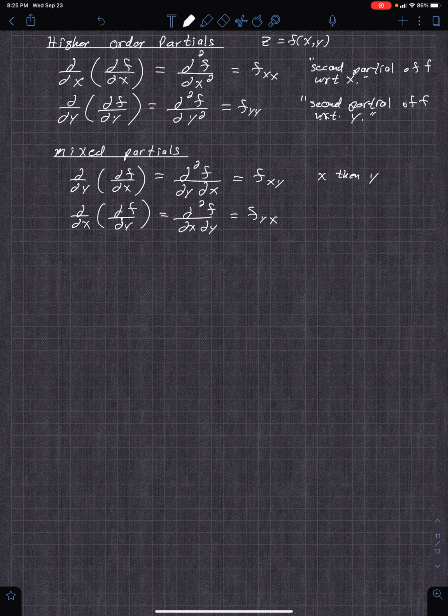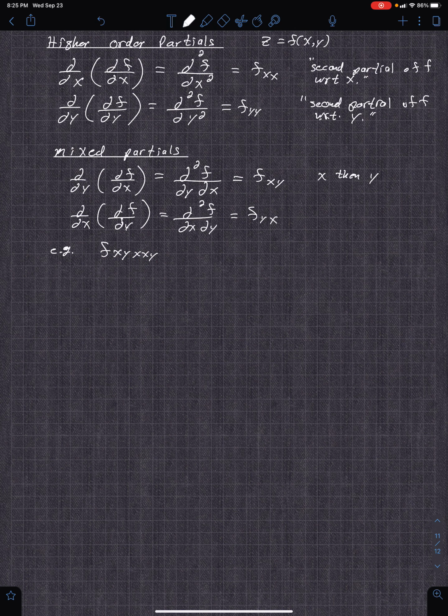For example, you could say partial x, y, x, x, y, and just keep going like that. If it's a polynomial, obviously you're going to get to 0, but if you have cosines and sines or e, then it just keeps on going. So this one would be first x, then y, then x again and again, and then y.